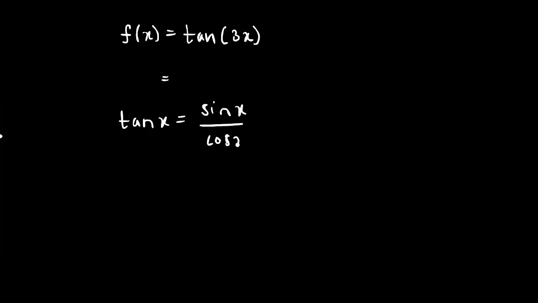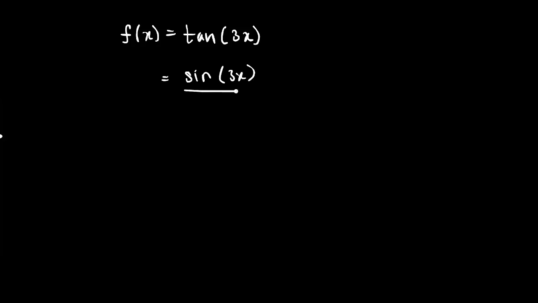So even though this is not originally in the form of a fraction, we can rewrite this function as sine of 3x over cosine of 3x, in order to make it more approachable. So when is cosine of 3x equal to 0 is what we're trying to find here, because that's when our denominator will be equal to 0.